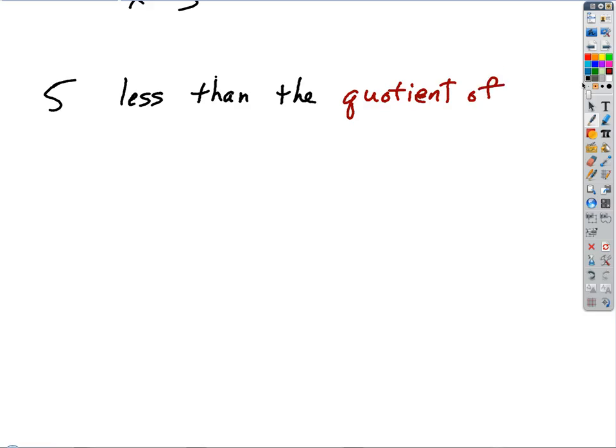Quotient of x and 3? Yeah. Is 13. Okay, well, what do we know here? What does the word is always correspond to? Equals. Okay, so we know we're getting equals 13.